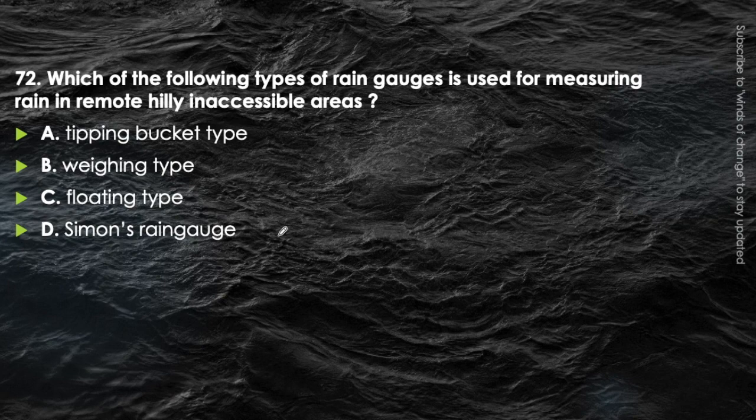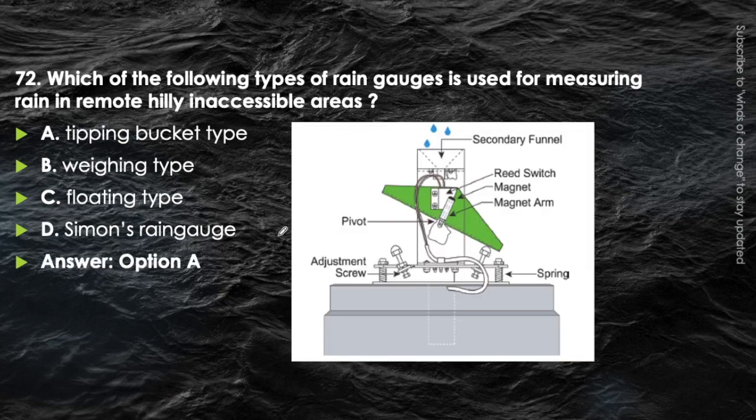It can empty itself. Just think about it. It will be tipping bucket type, because in the tipping bucket type it can empty itself when it gets full. So that is why we use tipping bucket type rain gauge in inaccessible terrain.